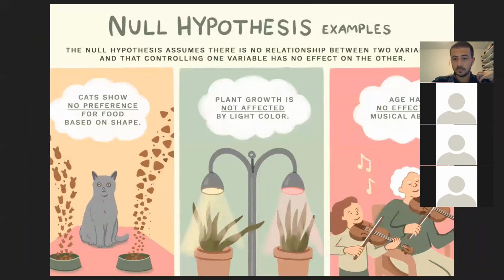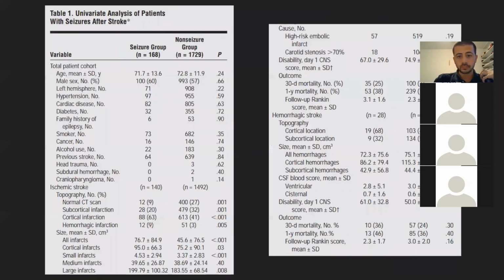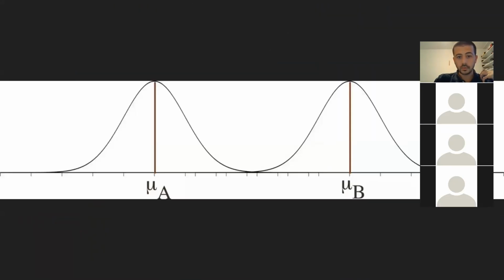Why can't we prove that something is right, and why do we have to prove it by rejecting its opposite or its contrary? If I give you those two shapes, you can't prove that there are no errors in here.